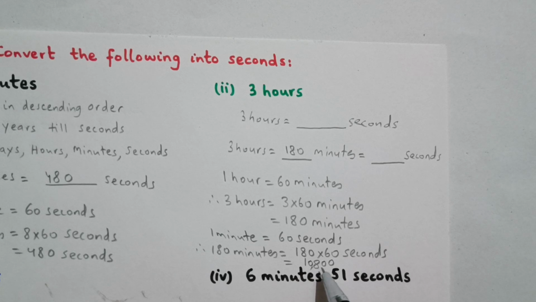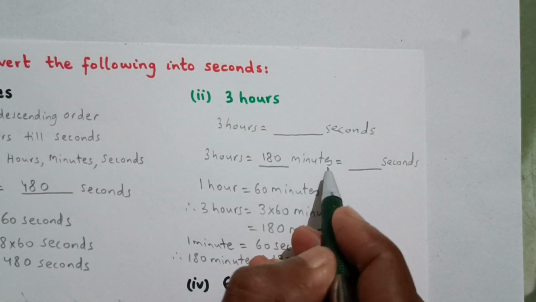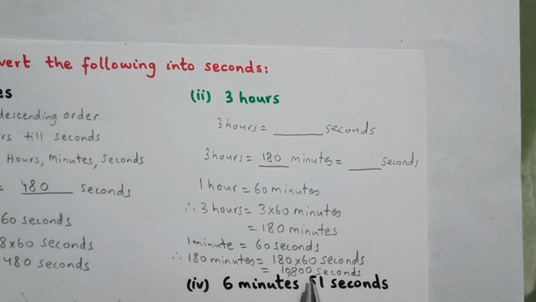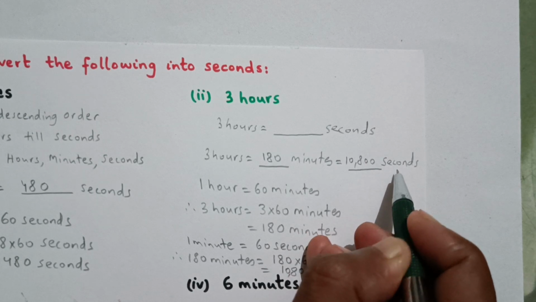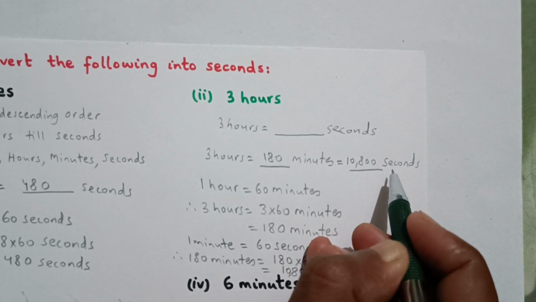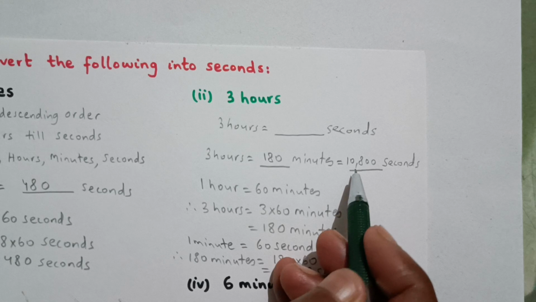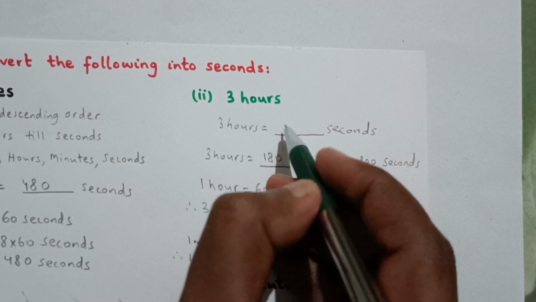So it is 10,800. So 180 minutes is 10,800 seconds, and with that we have solved this question.